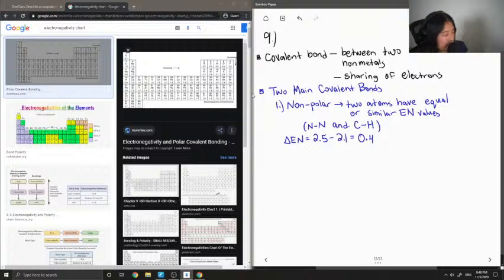So there's a rule of thumb when you want to double check whether or not a bond is nonpolar or polar. Basically, when the difference in electronegativity is from 0 to 0.5, this means that you have a nonpolar bond.